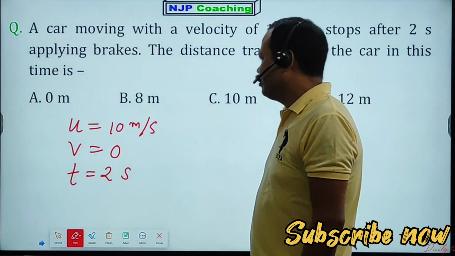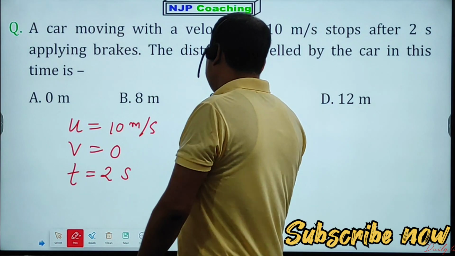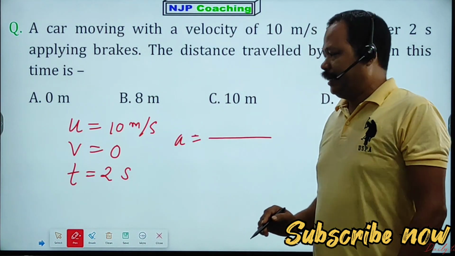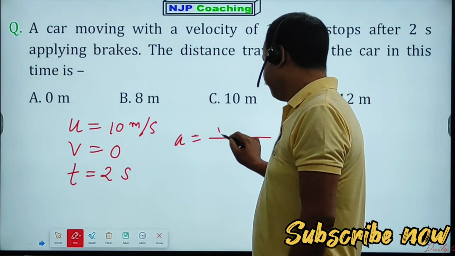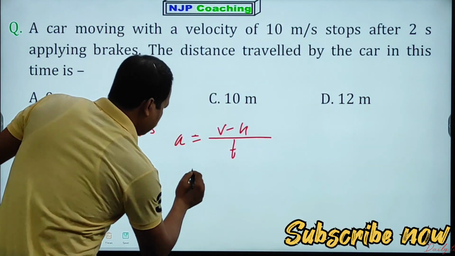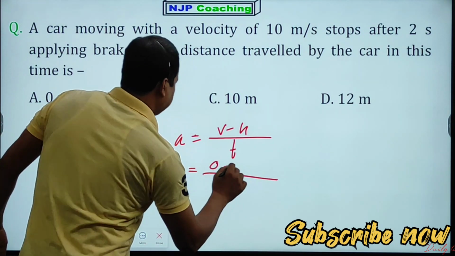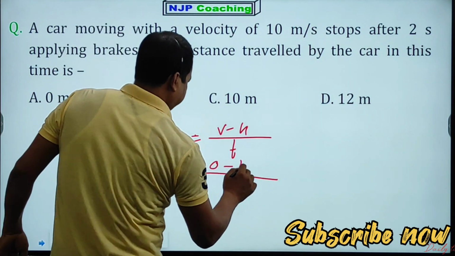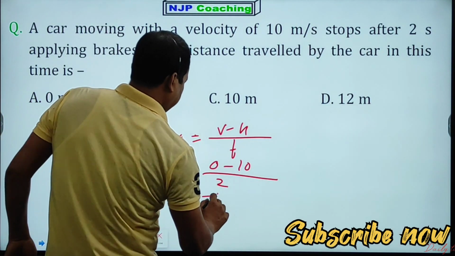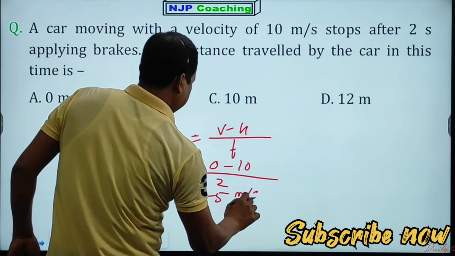So first we calculate the acceleration: a equals v minus u by t, which is 0 minus 10 by 2, that is minus 5 meter per second squared.